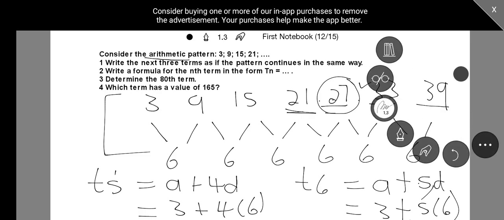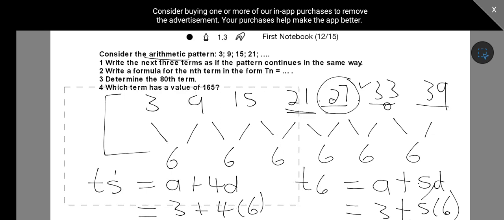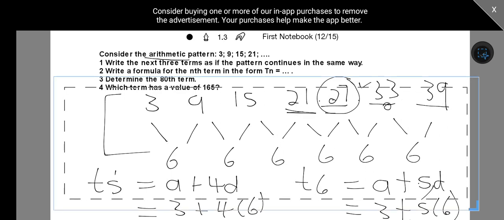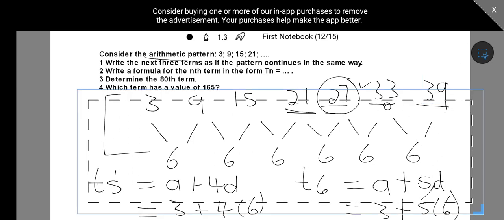Let's erase here. Let me do it like this.